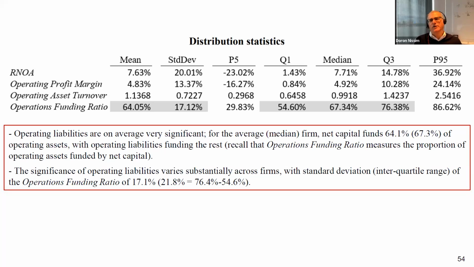But my point here is about removing transitory items. And by the way, you are asking a good question. Everything that I did here, I also did, and I should add it to the paper, I should mention it, instead of looking at transitory items relative to equity, which is transitory ROE, I did the same thing relative to sales. And the results are very similar.